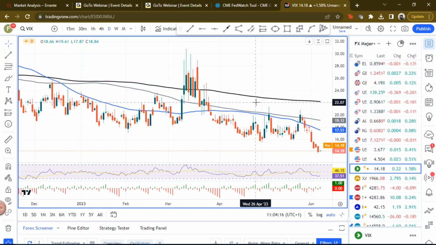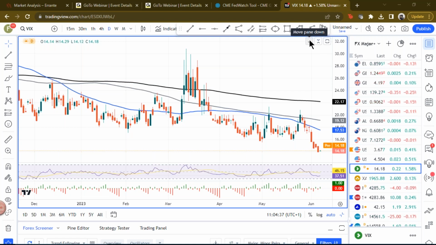The CBOE VIX is what we're looking at here, which is essentially a measure of volatility. It's often referred to as Wall Street's fear gauge, and volatility is essentially how fast prices change.